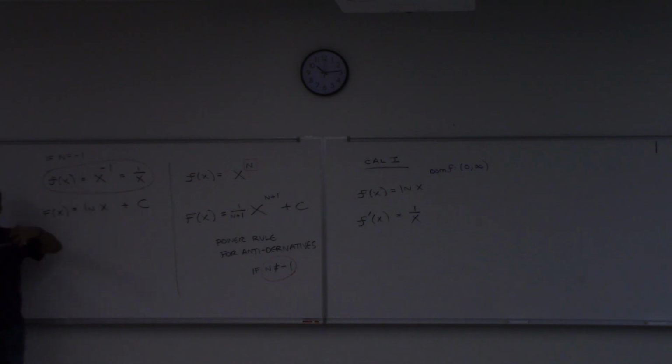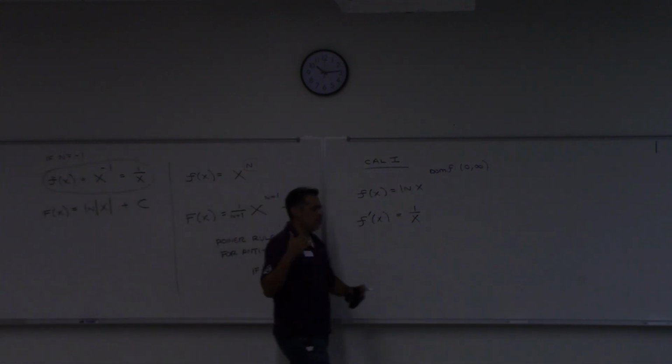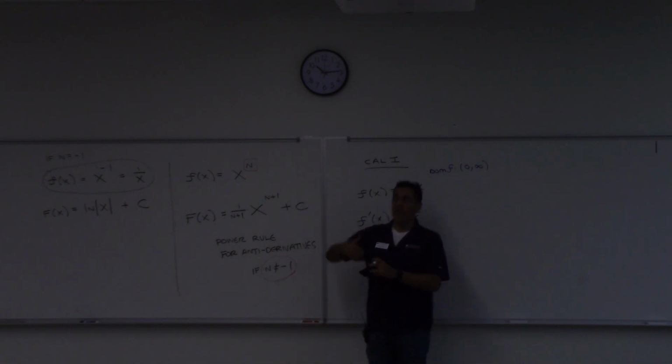So in order to open up the domain and make it match this domain, we put the absolute value here. That's not critical that you understand everything I just said. We just need absolute value there, all right? I'm just trying to explain why. It's so that the domain of our antiderivative matches the domain of the original function as opposed to losing domain.